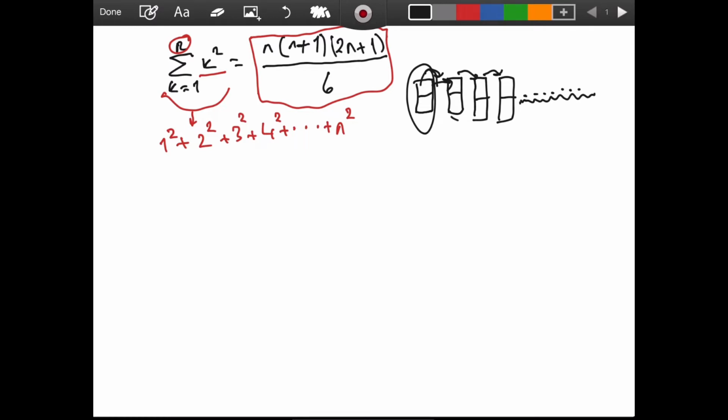And actually, let me be more clear now. So the way we do mathematical induction is we say if a given statement is true for n, then we want to show that it is also true for n plus 1.